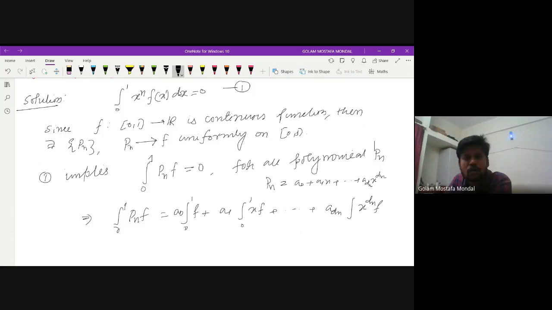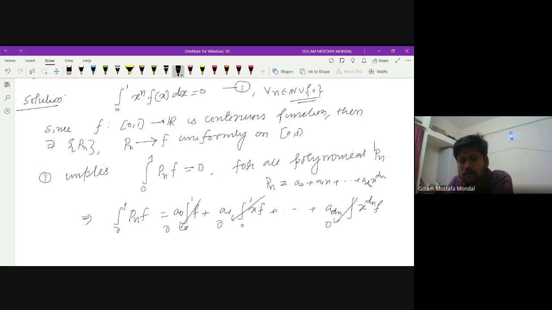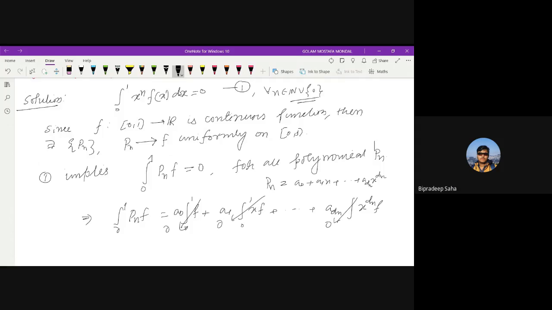And (1) says that this is true for all n belongs to N union 0, that is the integral from 0 to 1 of f is 0, the integral from 0 to 1 of x f is 0. So all of these integrals... Excuse me, how does (1) imply the product of P n and f is equal to zero?